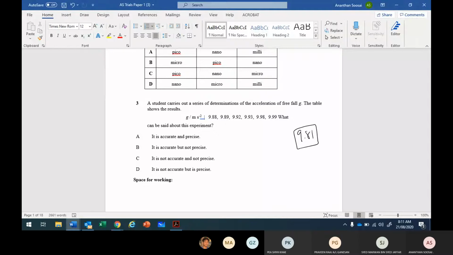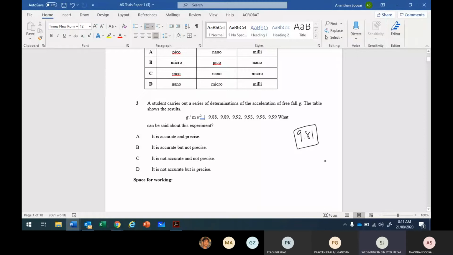So I will say 9.88 to 9.99. I won't say it is accurate. It is accurate but not precise, or it's not accurate and not precise.